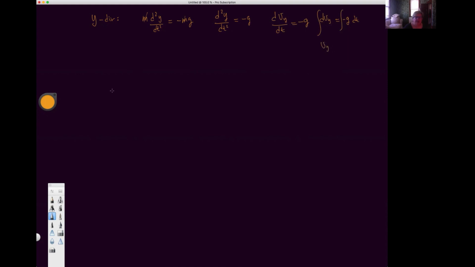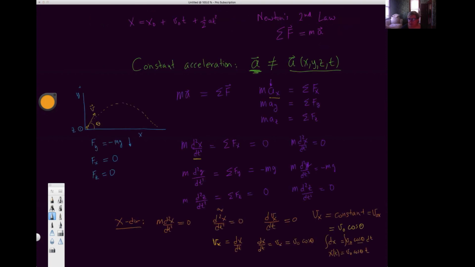Oh, and I forgot something on the other page. So let me go back to the other one. Give me a second. I just completely spaced that. That wasn't good. When I integrate this here, I need a constant, right? So this should be plus c, right? But if we look, what happens when t is equal to 0? This term goes away, and x becomes x naught, the initial position, right?